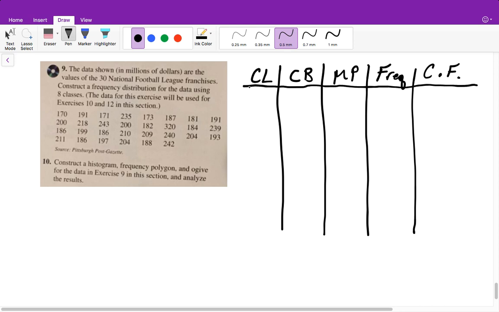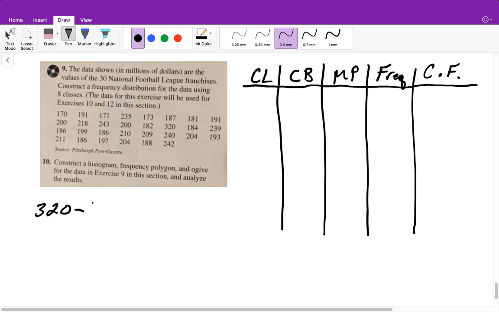But remember, the first thing we had to do is find what our class range and what our class size is going to be. So we need to find our highest value. Our highest value right now is 211, 218, 243, 320. So our highest value is 320. Then we need to subtract our lowest value, 170. All right, 170.